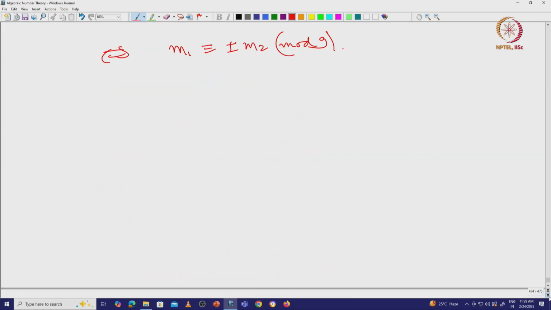I did not say that properly: m1 times m2 squared congruent to plus minus 1 mod 9 is the same as this. You have to do some checking there, but this can be checked easily.